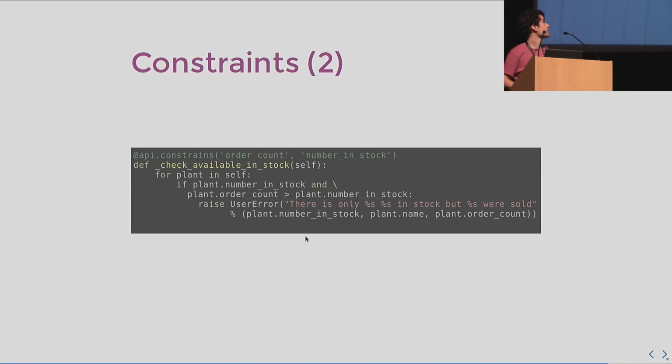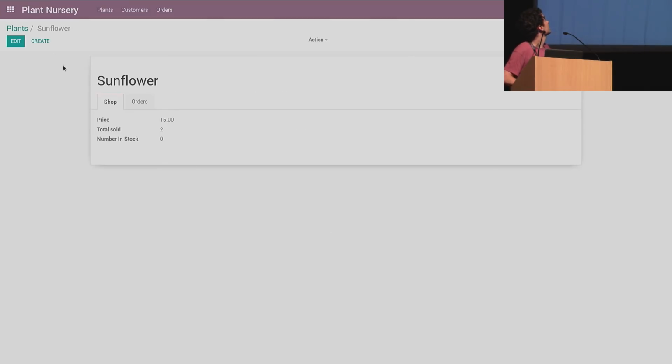So here you have an example. I define a constraint. I add a field that is called number in stock. That's a basic integer field.